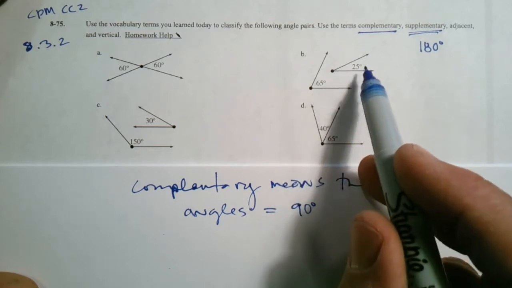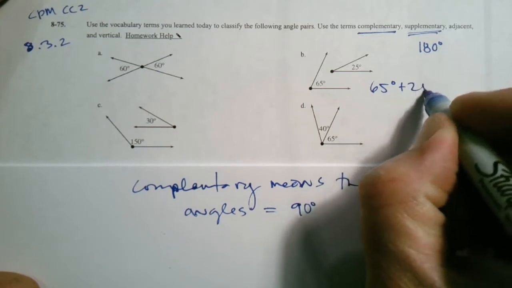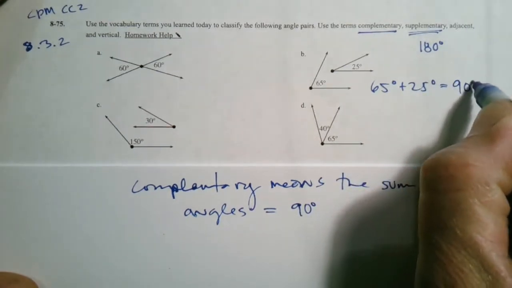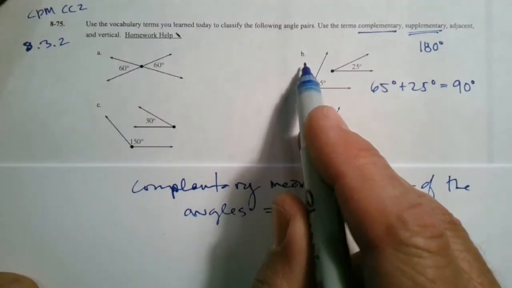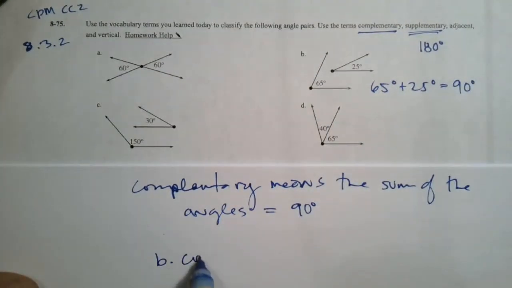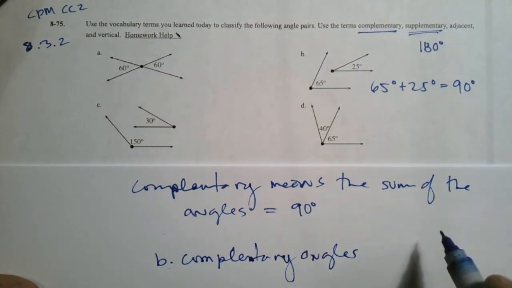Well, 65 degrees plus 25 degrees equals 90 degrees. So our complementary angle is B. So we would say B is complementary. Those are complementary angles.